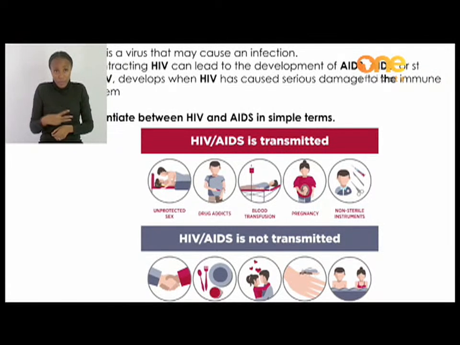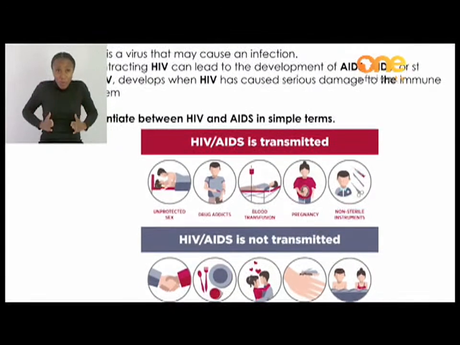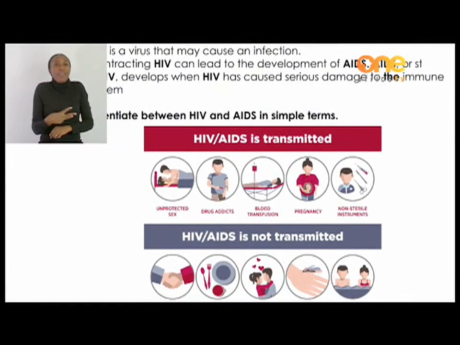HIV in our bodies stays only in certain parts, for example, in certain fluids such as blood, semen, pre-seminal fluids, rectal fluids, vaginal fluids, and breast milk. Those are the only parts that can transmit HIV in our bodies.